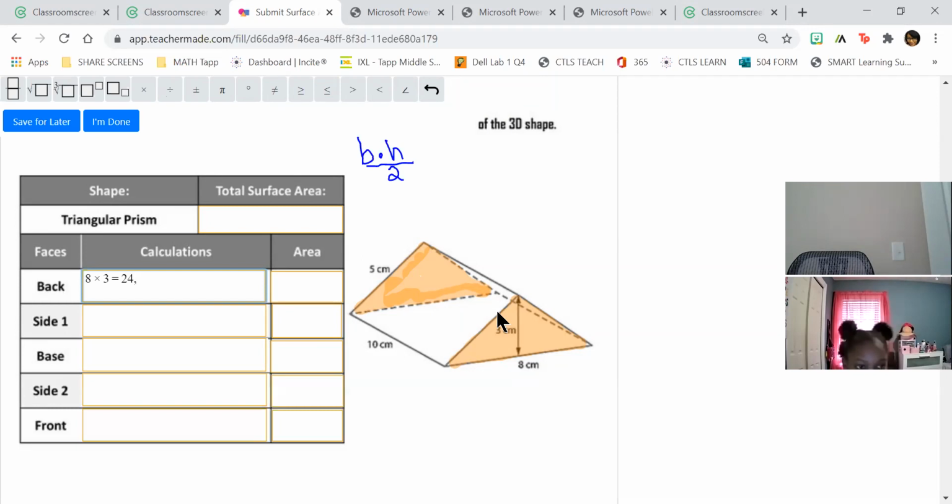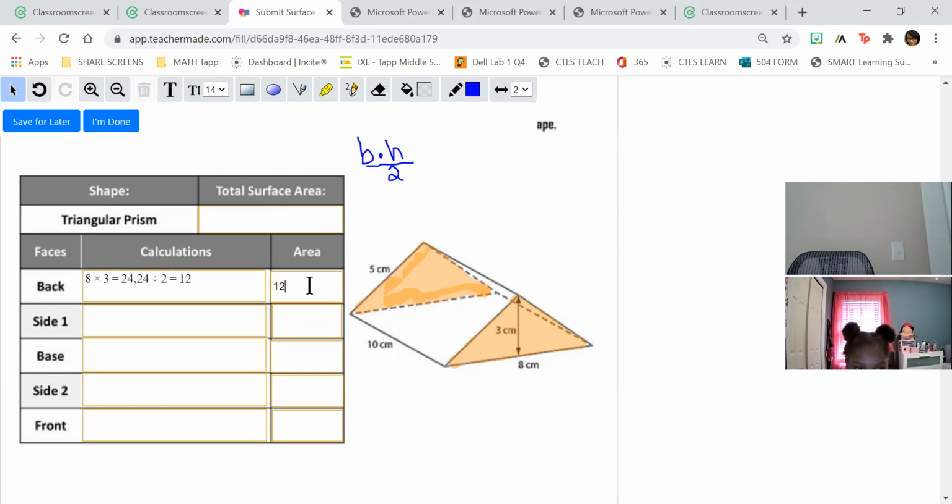So I'm going to just put a comma, no spaces in my calculations, guys. And I'm going to put 24, click the division symbol, divided by 2, and that is equal to 12. So my area of these triangles, the back and the front, are both 12.